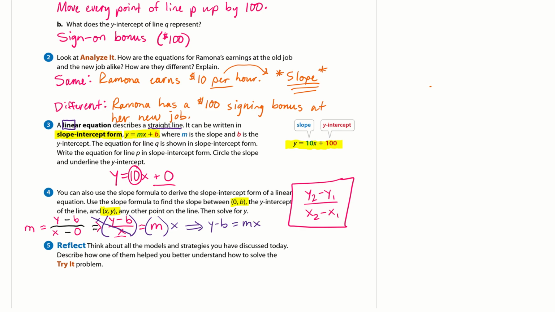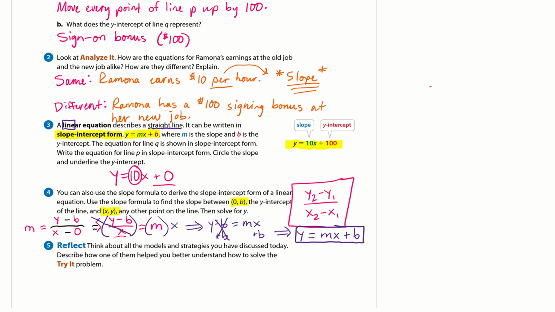And then the last step is we want to isolate y. So we're going to add b to both sides. And that will give us y cancels out equals mx plus b. And there's the full equation. Okay, that's our full slope-intercept form equation.